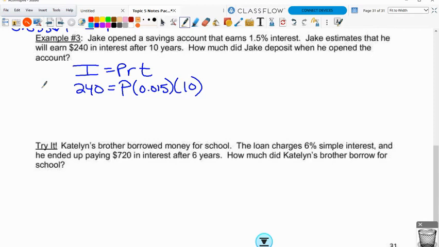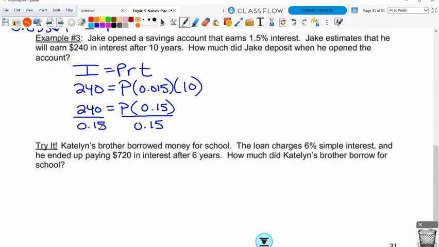On the right-hand side, we're going to start by doing 15 thousandths times 10. So we're going to have 240 equals P times, if you do 15 thousandths times 10, that equals 15 hundredths. So now, in order to get P all by itself on the right-hand side, since it's being multiplied by 15 hundredths, we'll divide by 15 hundredths on each side.